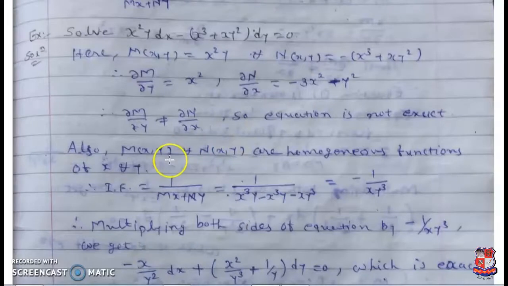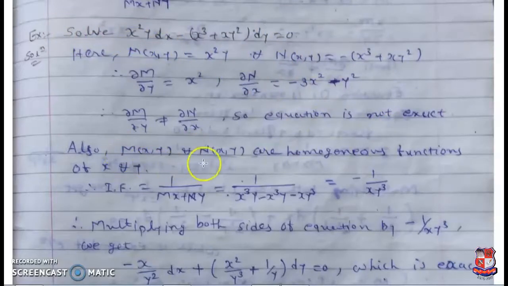Also here we have x²y and x³ + xy², three terms, one of M and two of N. Here the total power of this term is 2 + 1 = 3, and here the power of this term is 3, and here 1 + 2 = 3. So the total power of all the terms of this differential equation is the same.